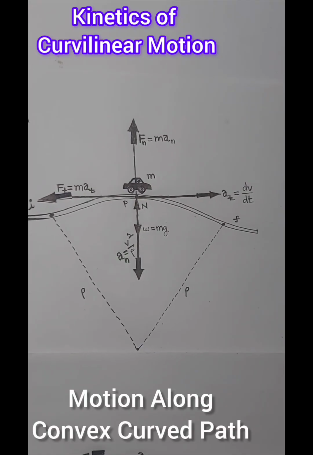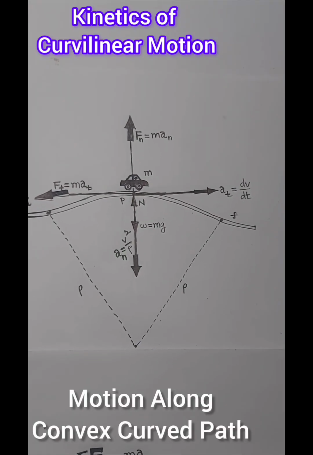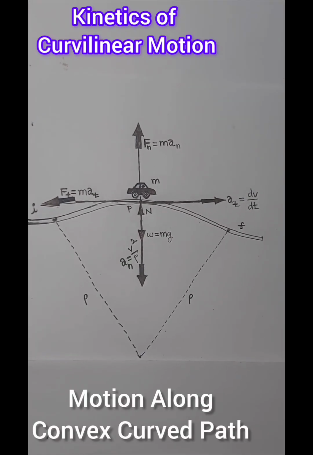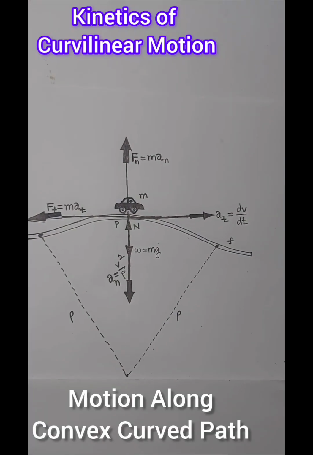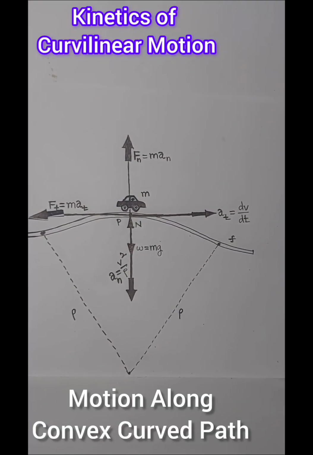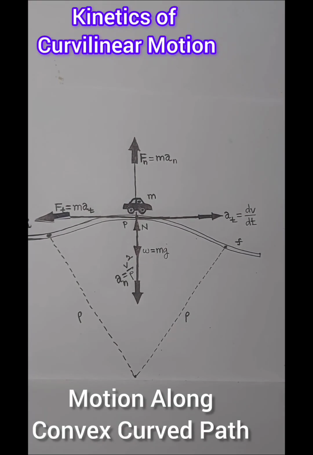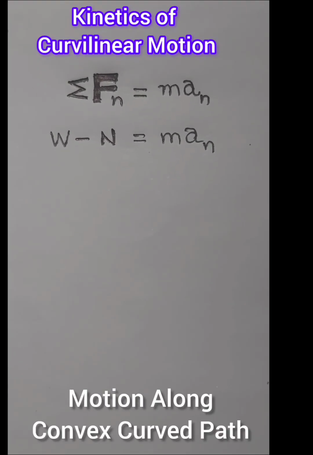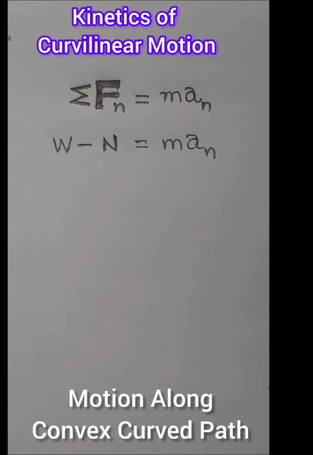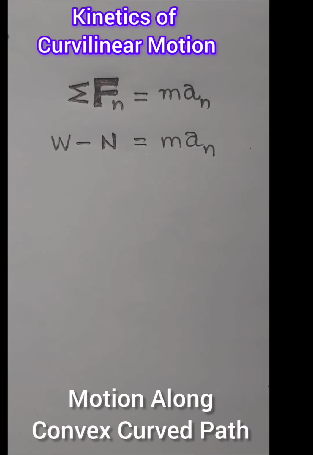When you write it in the equation of dynamic equilibrium, we can get W minus N equals m an, where an indicates the normal acceleration, an equals v square by rho.